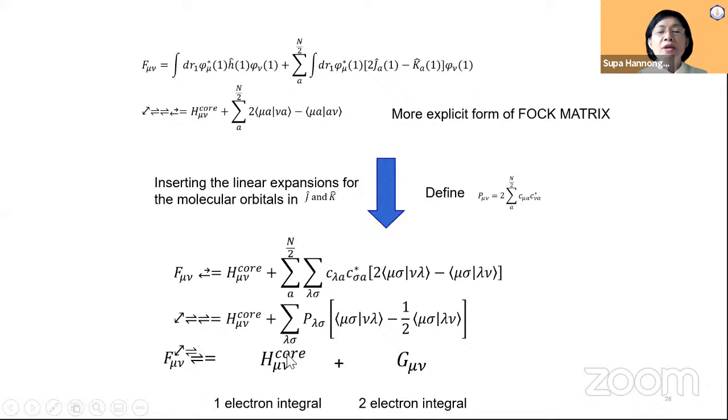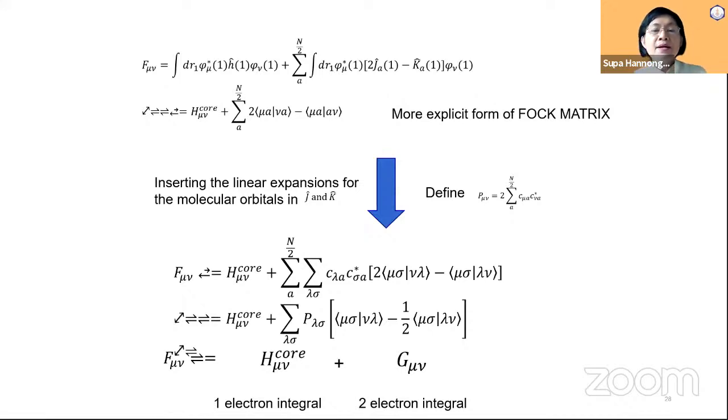Okay, so finally, for the Hartree-Fock Roothaan-Hall equation, we will deal with the terms that represent the 1 electron integral. Okay, and another term is the 2 electron integral or 2 electron interactions.